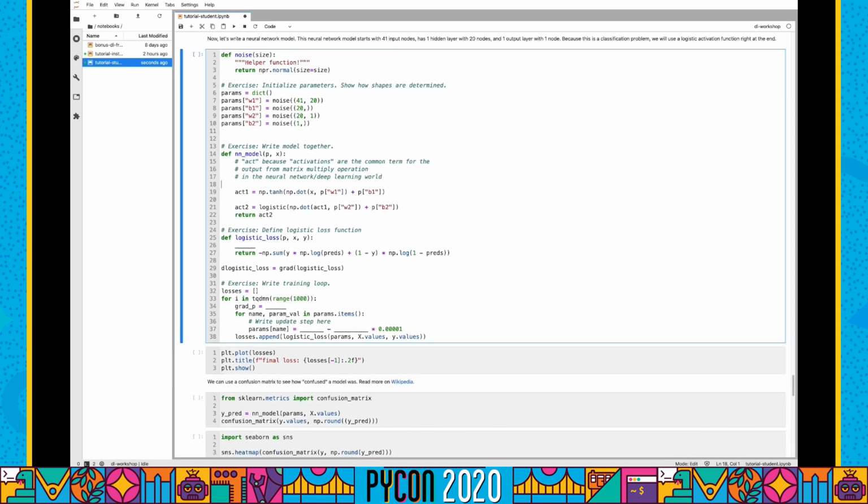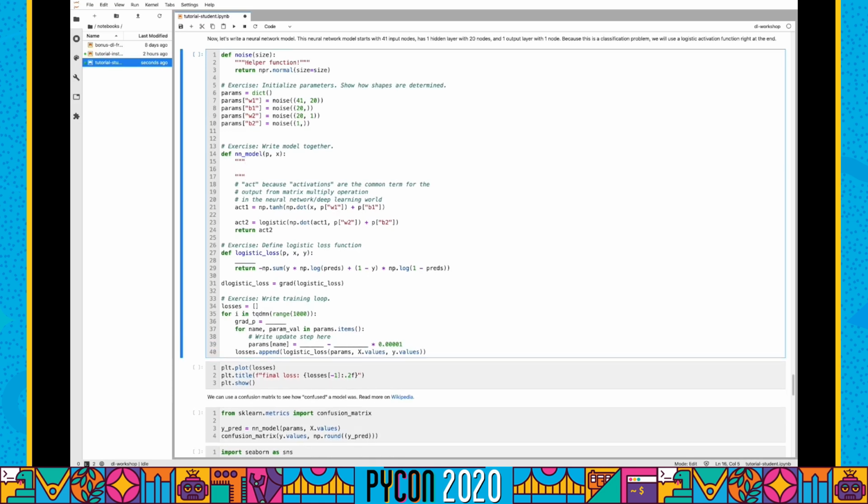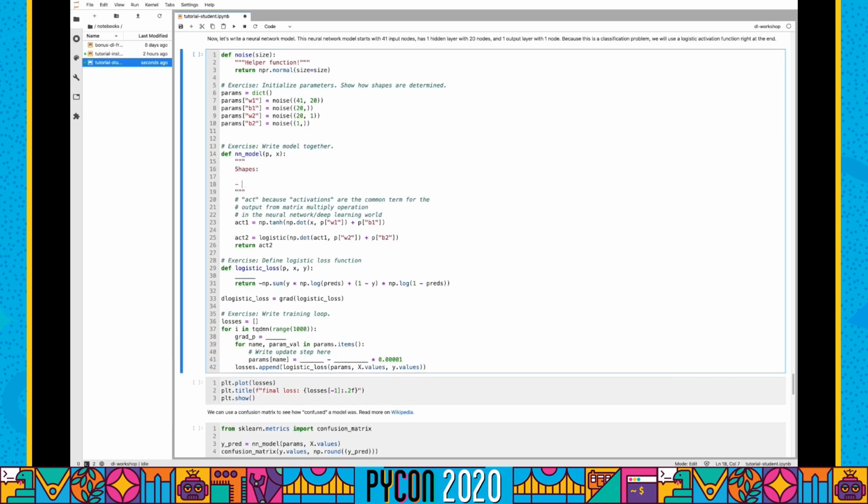So let's see. Shapes, particularly for x, should follow this convention, where colon represents the sample dimension, i.e. number of rows. Okay?